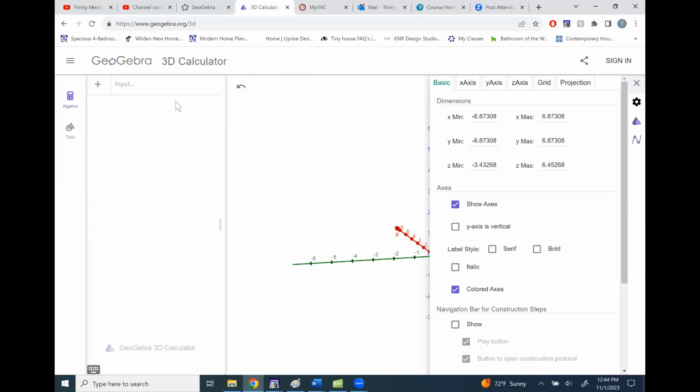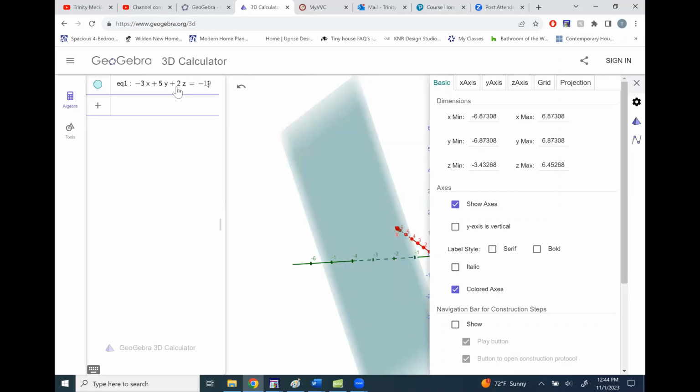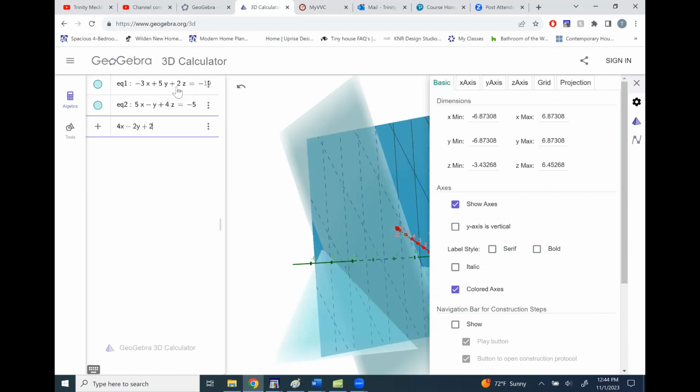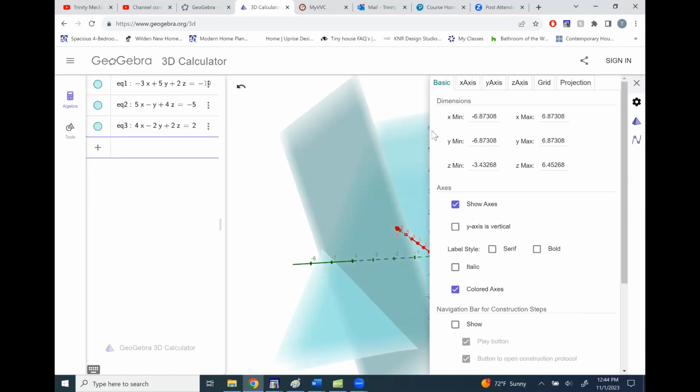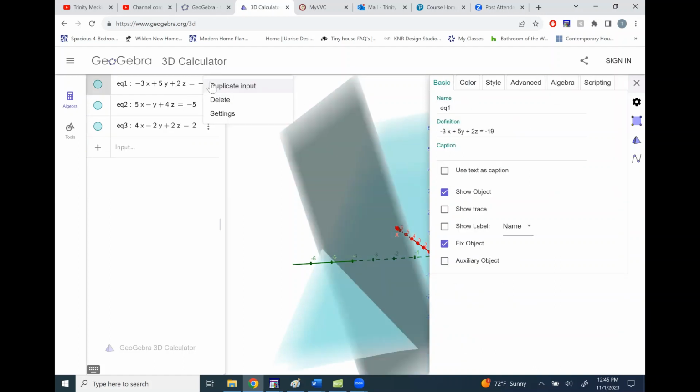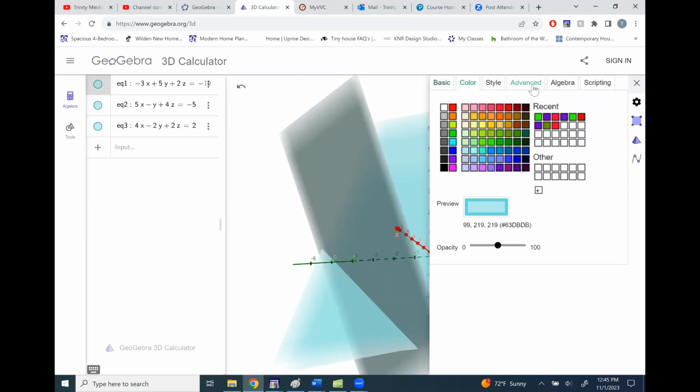Okay, so the original equations that we had include -3x plus 5y plus 2z equals -19. Let me go in here and get the colors of these guys to our typical red.